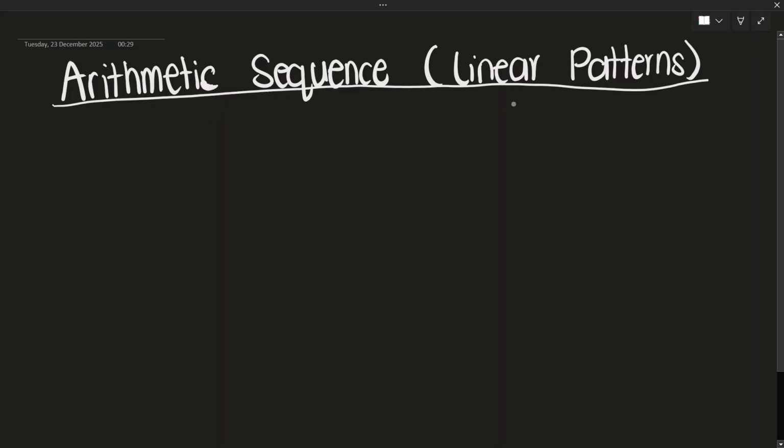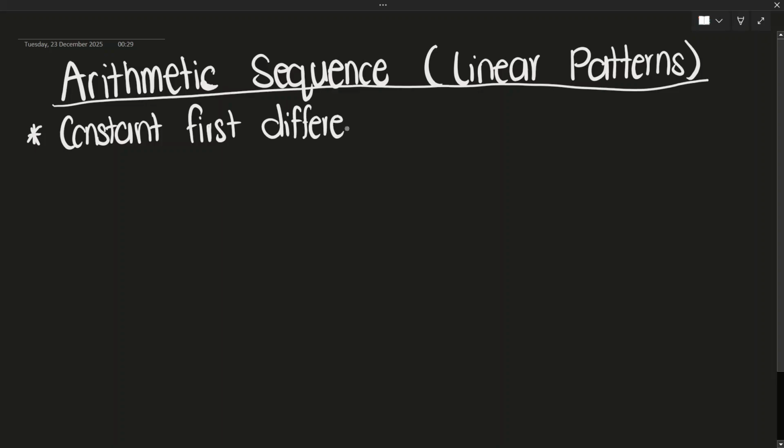So an arithmetic sequence is a sequence with a constant first difference. Right, so if you recall from the quadratic sequence video, the first difference of a quadratic pattern is linear. And the second difference of a quadratic pattern is constant. Now, an arithmetic sequence has a constant first difference.